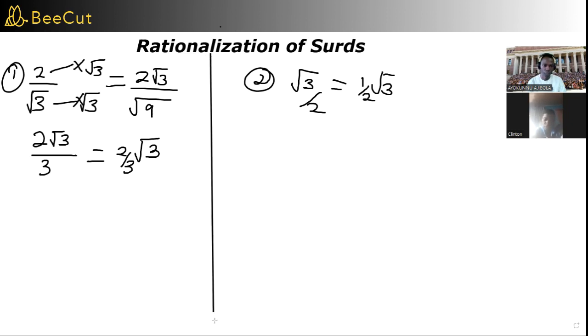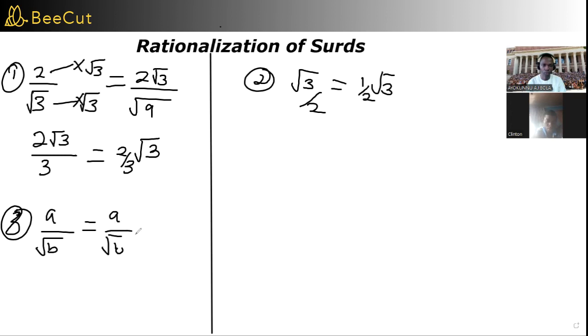Okay. So, in other words, if you have something like a over root b, what we're trying to say is that it should be equal to a over root b times root b over root b, so that your answer will be a root b all over b.